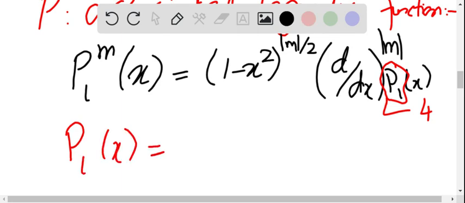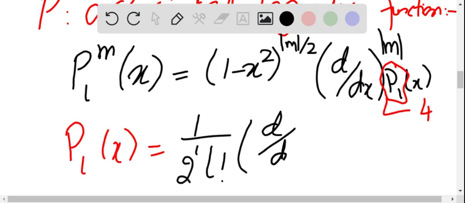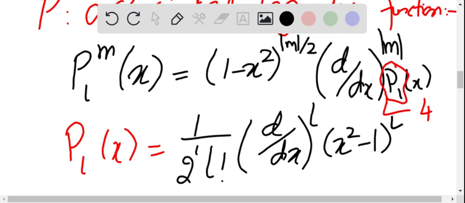It is a given equation that we have: P sub l of x equals 1 over 2 to the l l factorial, d by dx raised to power l, (x square minus 1) raised to l, right? Let's say that this is equation 5.